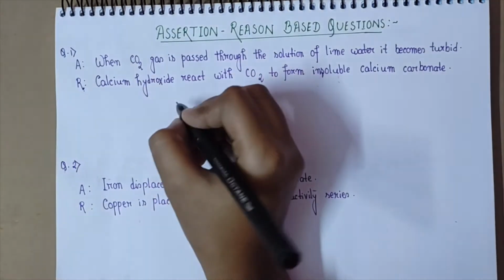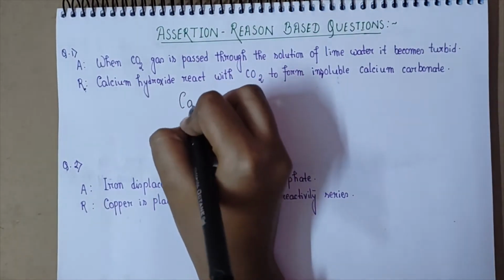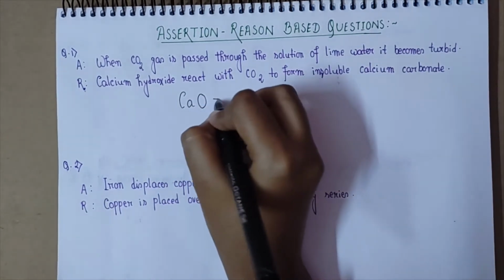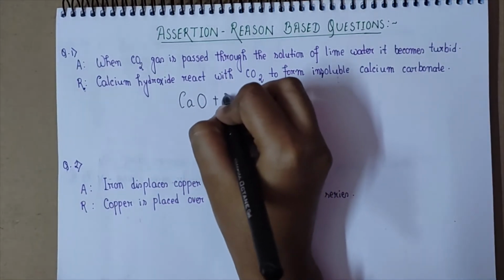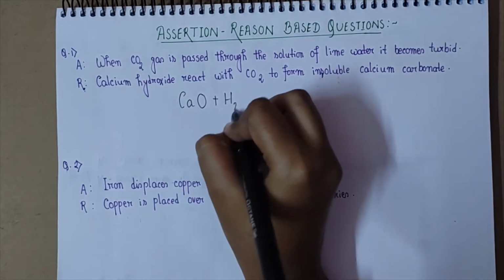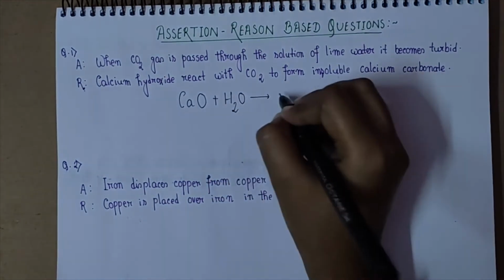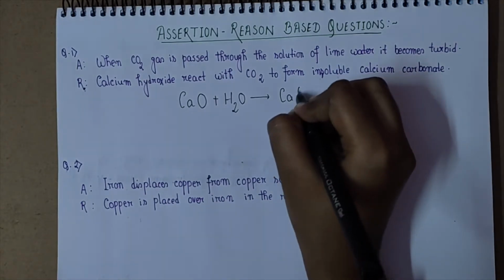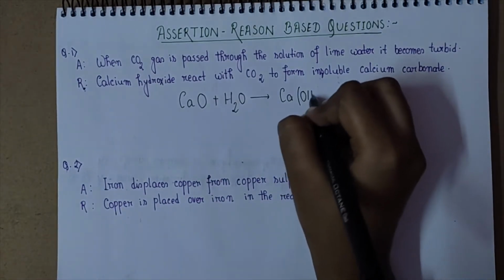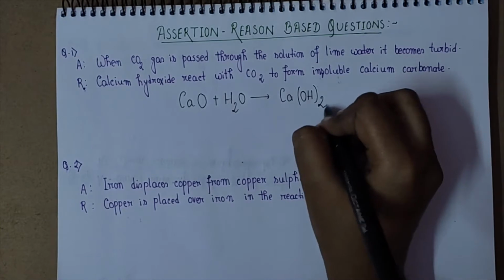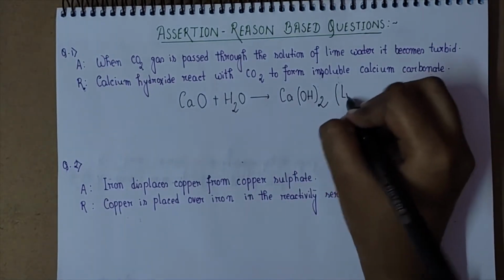What is lime water? This is calcium oxide, CaO, plus H2O. So what will we get? We will get calcium hydroxide. This is the lime water.